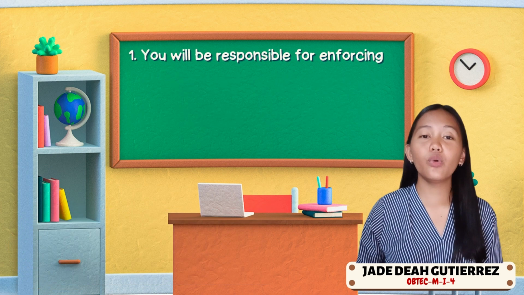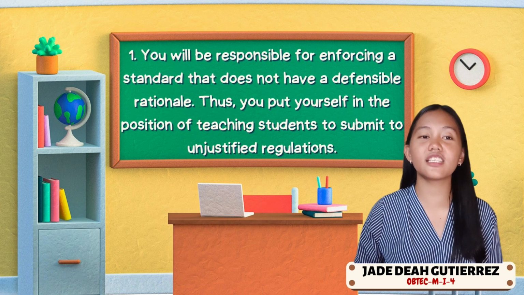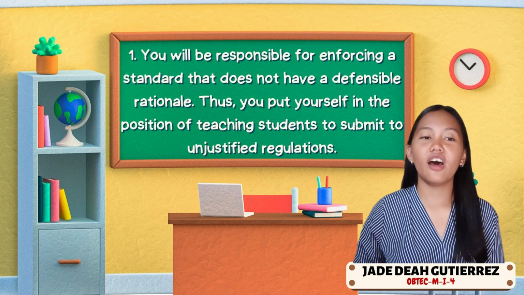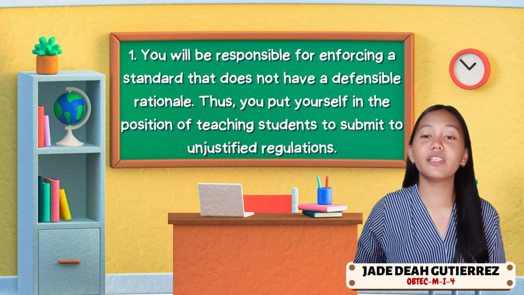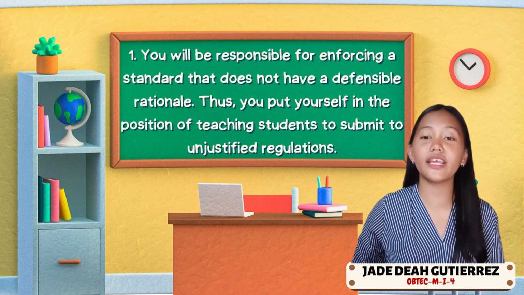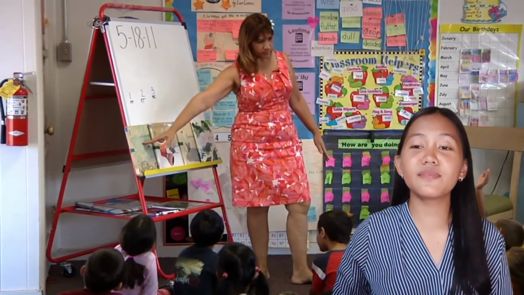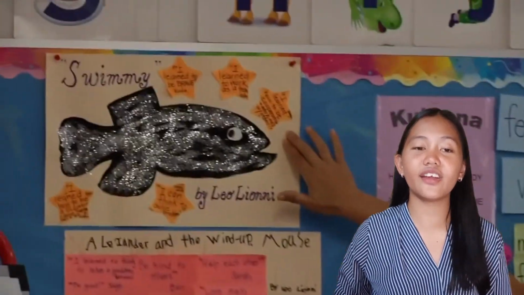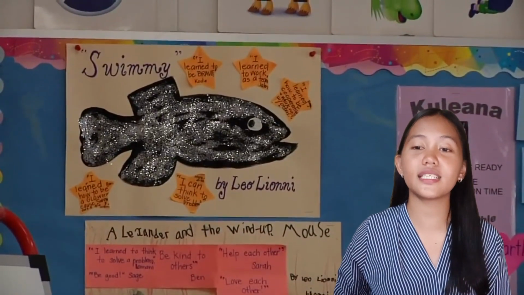Number 1. You will be responsible for enforcing a standard that does not have a defensible rationale. Thus, you put yourself in the position of teaching students to submit to unjustified regulations. This means that you are enforcing rules and guidelines without clear and logical reasons for their existence.